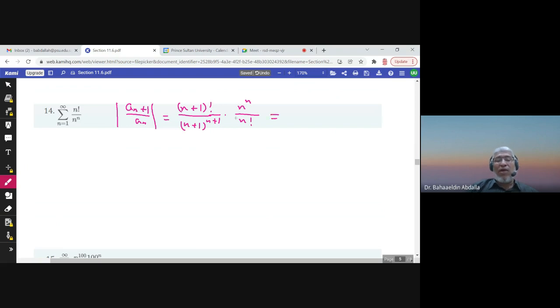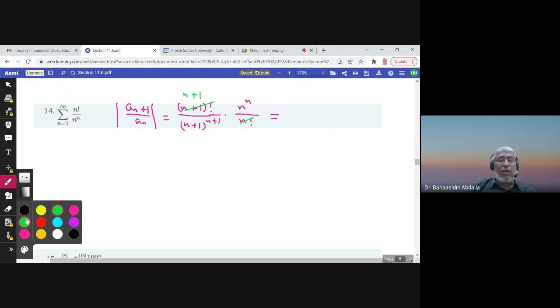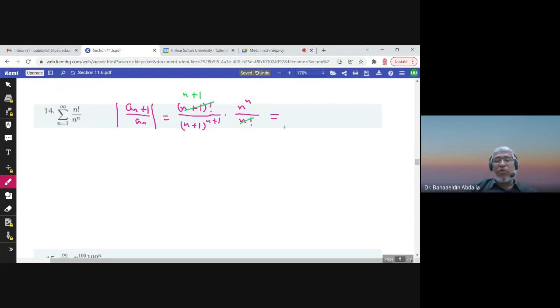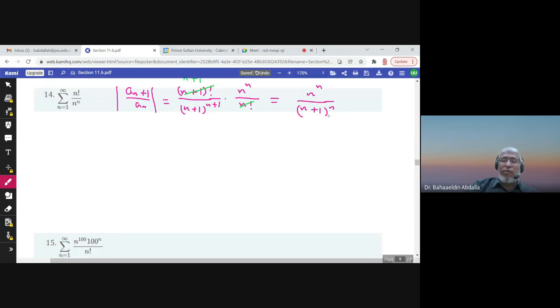Well, I will have (n+1) factorial over n factorial. These two can be cancelled because here I have (n+1) times n factorial. And now I can write it as (n+1) to the power 1, (n+1) to the power n+1. So I have n to the power n over (n+1) to the power n.